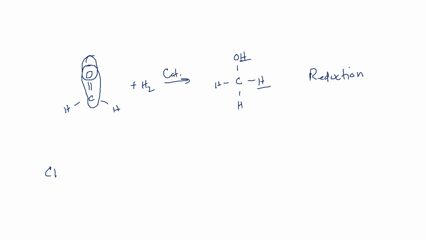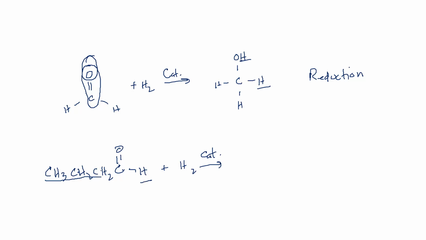Let's do this. All right, so here we have 1, 2, 3, 4 carbons long, so that's butane. But because this is a ketone, this is an alkyl group with a hydrogen.